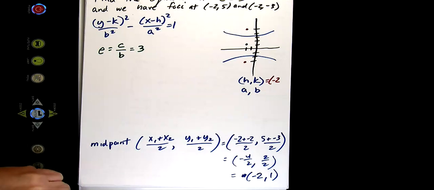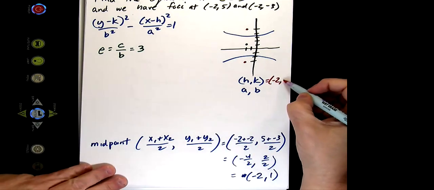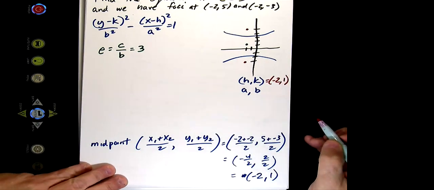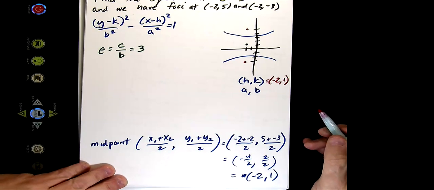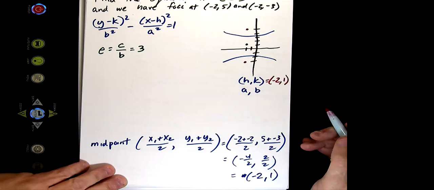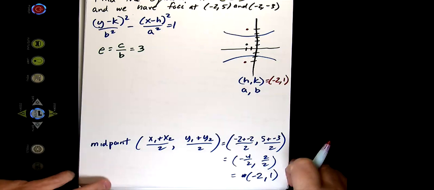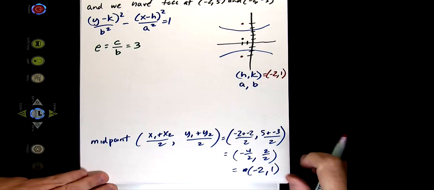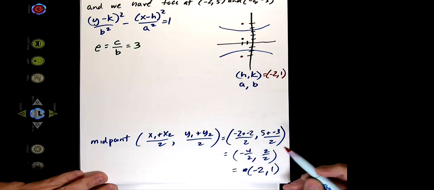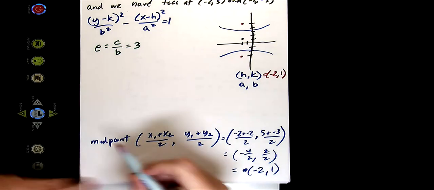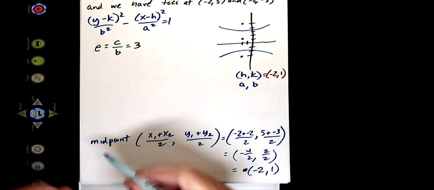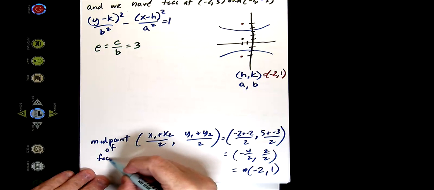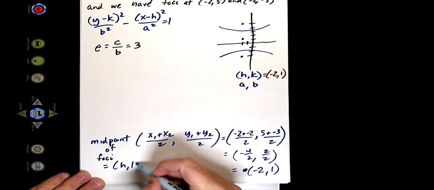And the midpoint between the foci is the center. So that just gave me my h and my k, just by finding the midpoint of the foci.